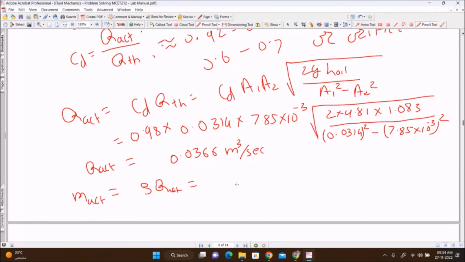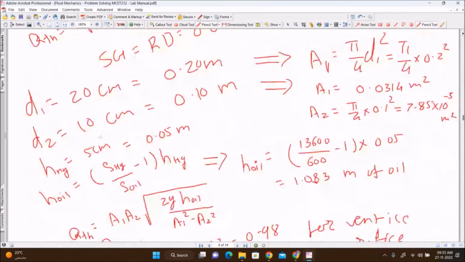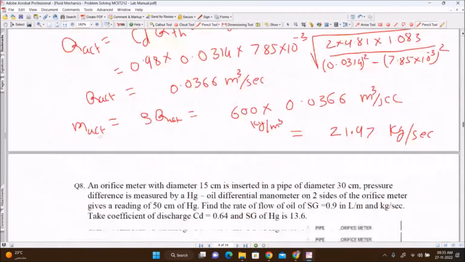The density of oil is 600 and 0.0366, so this is kilogram per meter cube and this is meter cube per second. So I will get the mass flow rate as 21.97 kilogram per second.